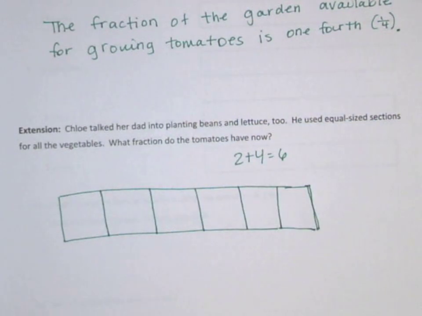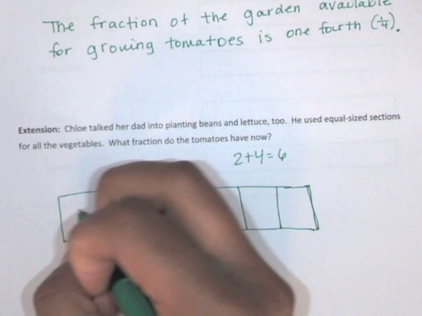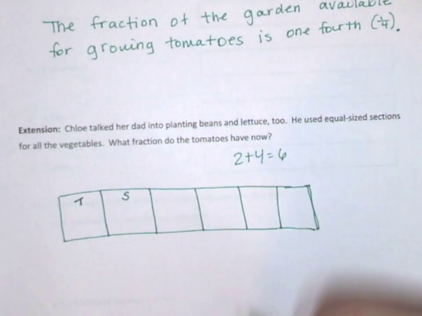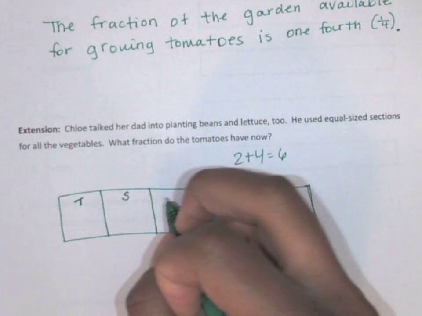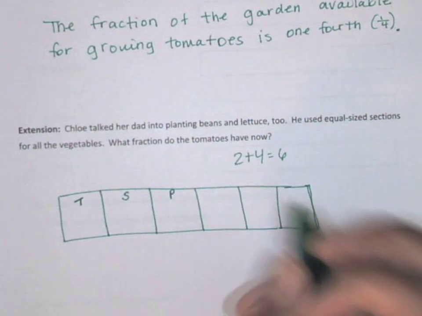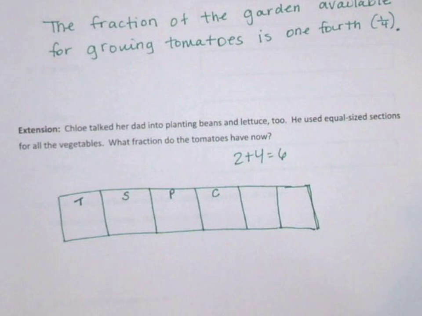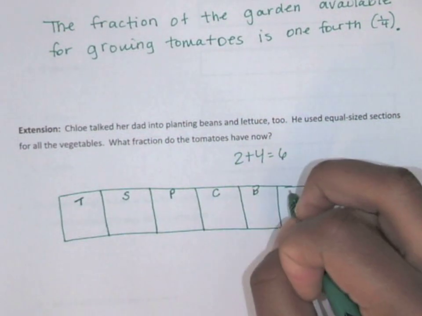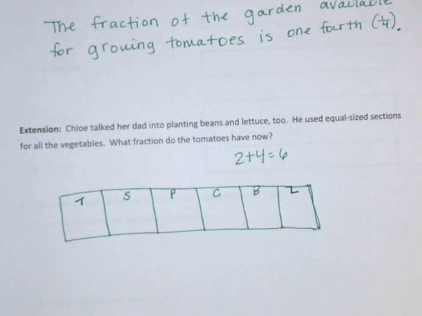Okay. So now I have my tomatoes, my squash, my peppers, my cucumbers, my beans, and then my lettuce. So I have enough equal spaces for all of my vegetables or all of my plants.